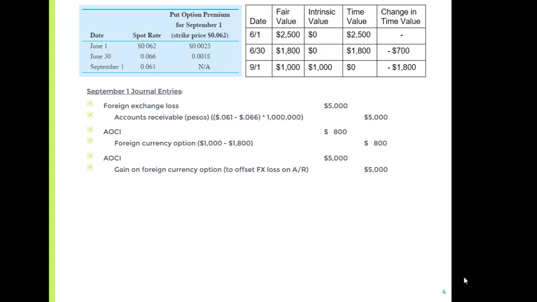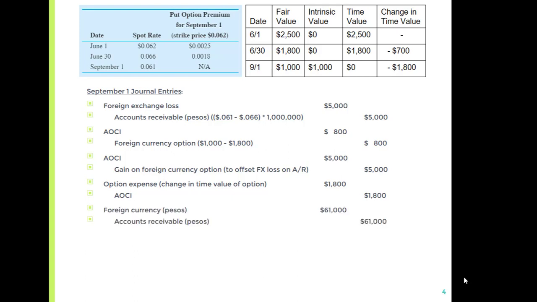And we debit accumulated other comprehensive income for $5,000. We also recognize the change in the time value between June 30 and 9/1, in other words, September 1st. That change in the time value was $1,800. So we debit option expense for $1,800 and we credit accumulated other comprehensive income for $1,800.